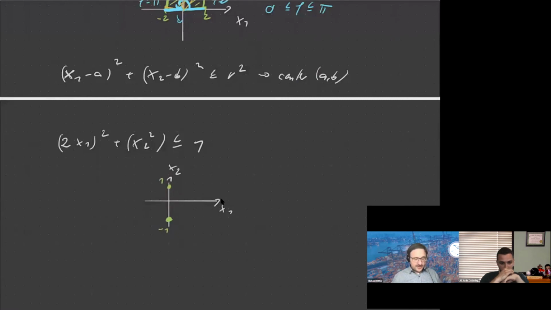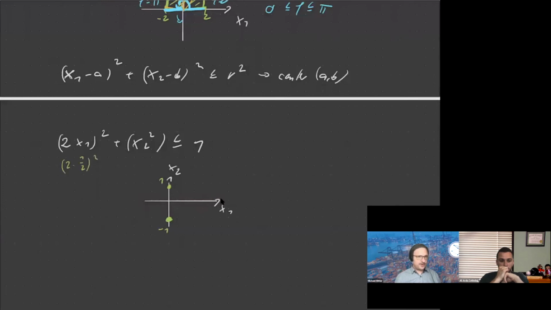Now, as far as x1 is concerned, if x2 is 0, if we are on this line here, then what can x1 do? Well, it can vary between 0 and 1/2. So if x1 is 1/2, we have an expression like 2 times (1/2) squared.